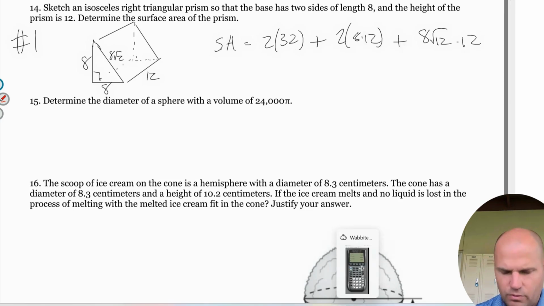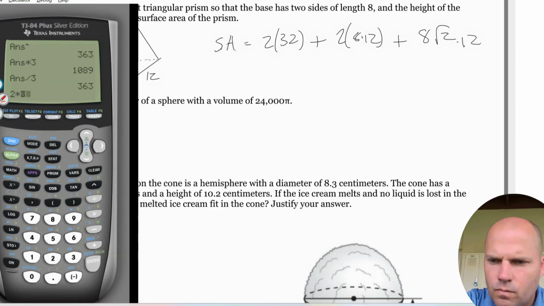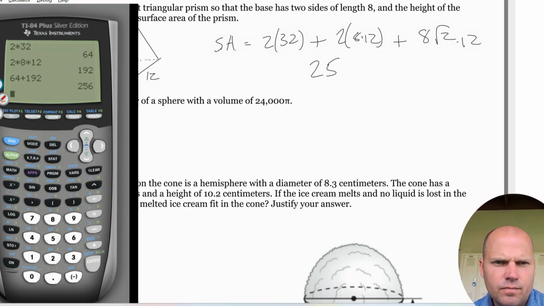Not root 12, root 2. All right, we're going to do some calculations. 32 plus 64 plus 8 times 12, which is 96 root 2.